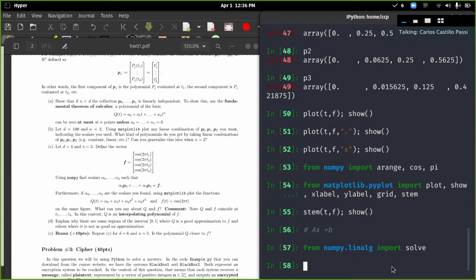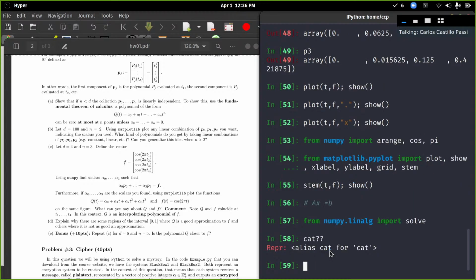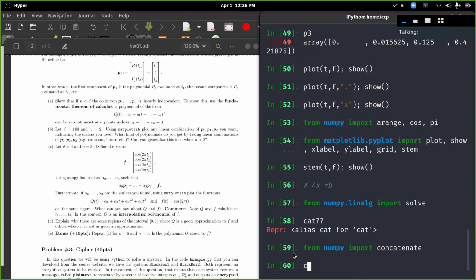So I need to make a matrix. I don't remember if you can use cat. From NumPy import concatenate. See. So the matrix A, concatenate. I forgot how to use concatenate.